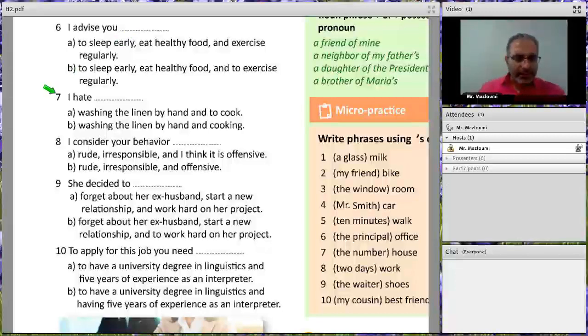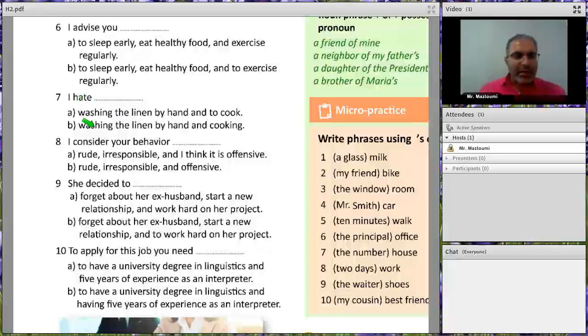Number 7, I hate, B, washing the linen by hand and cooking. Everyone, linen means clothes, sheets that are made from linen. Linen is a kind of material, by the way.